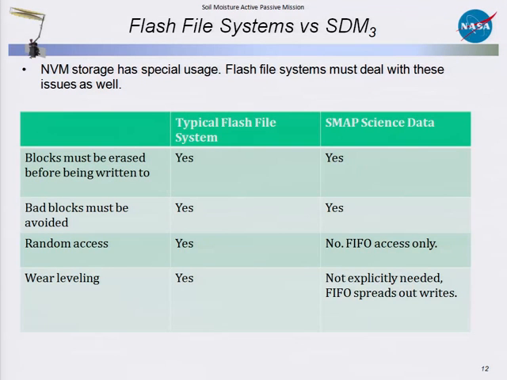Now, that's a property of both a non-volatile file system and what we're doing on SMAP for the science data. At this point, the file system and our FIFO start to diverge a bit. A typical file system is, of course, random access. You can read and write files all over the place. With us, however, it's a FIFO.